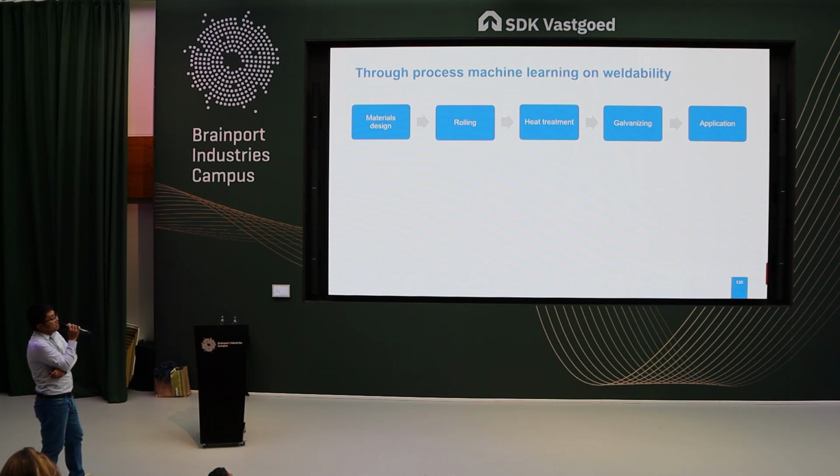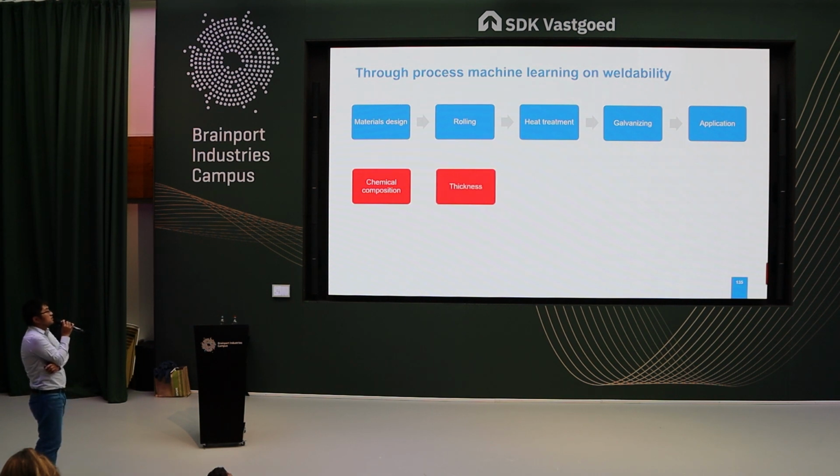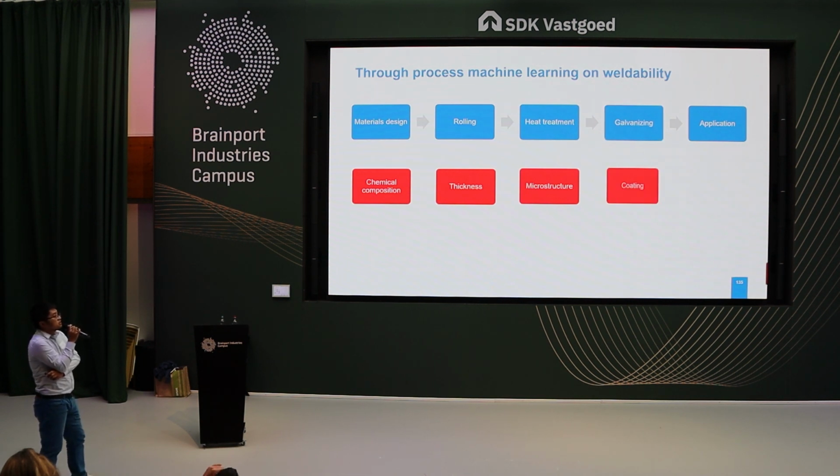So if we want to create an artificial intelligence model, we have to translate all these blocks into input variables. Material design will determine the chemical composition. Rolling will determine the thickness. Heat treatment will determine the microstructure. Galvanizing will determine the coating type. And application in this case will only talk about welding.